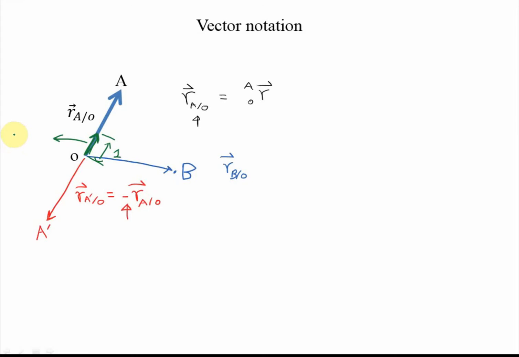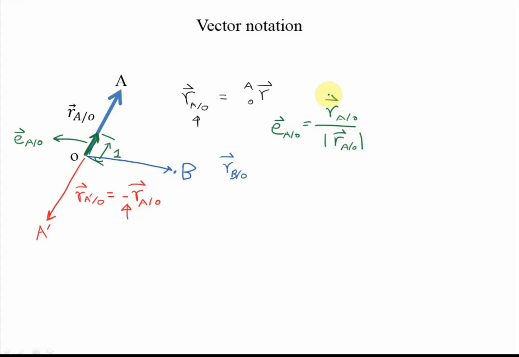Okay, so I can say my unit vector pointing from O to A can be written as the R vector divided by the total magnitude of the R vector.